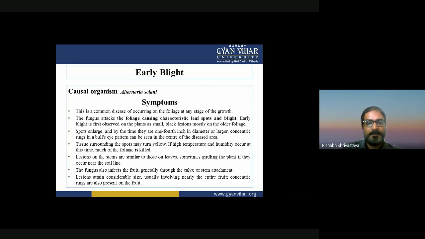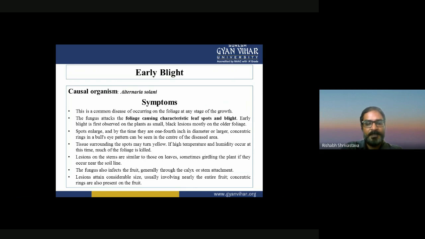Early blight. Causal organism: Alternaria solani. This is a common disease occurring on the foliage at any stage of the growth. The fungus attacks the foliage, causing characteristic leaf spots and blight. Early blight is first observed on the plants as small black lesions, mostly on the older foliage.